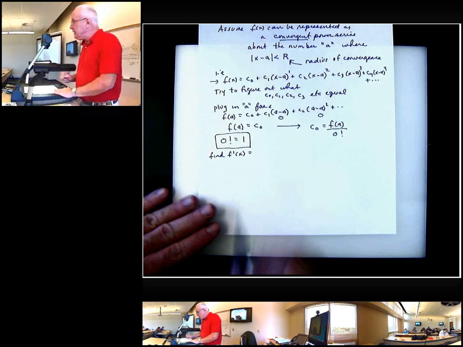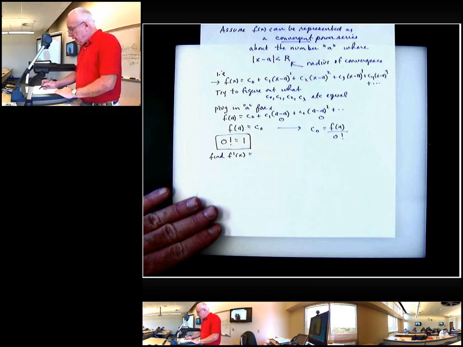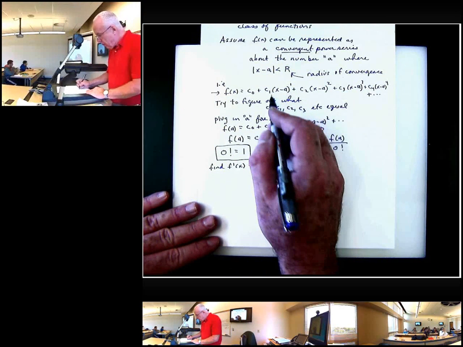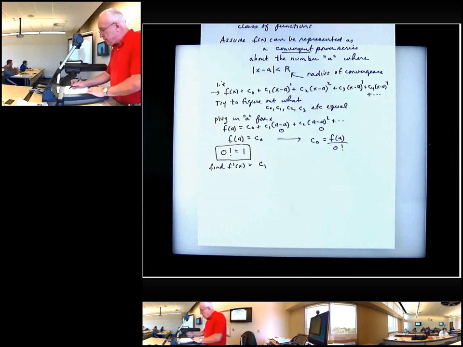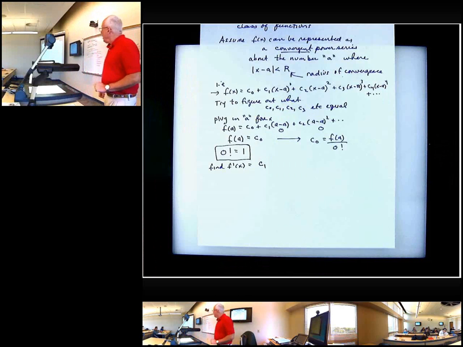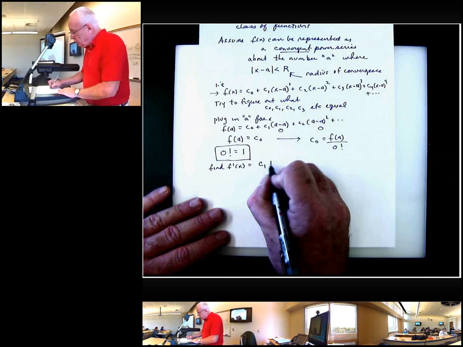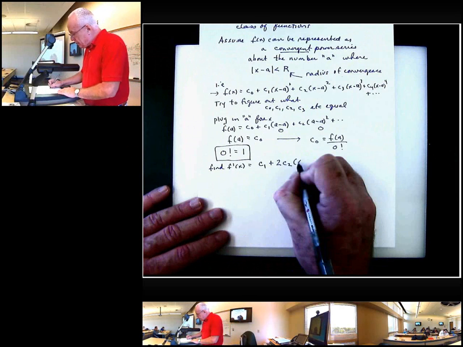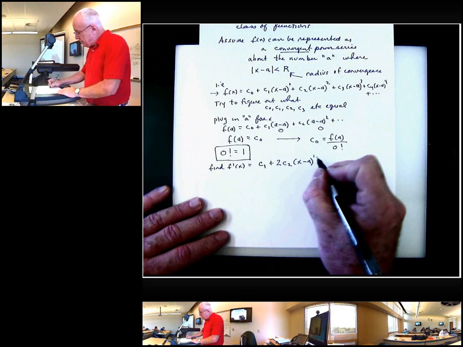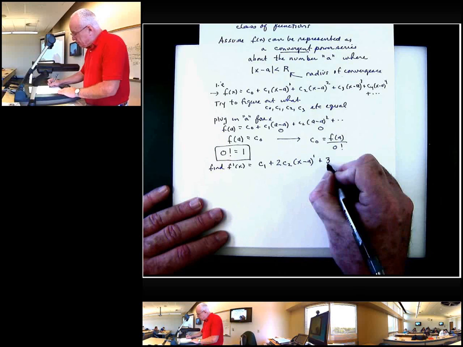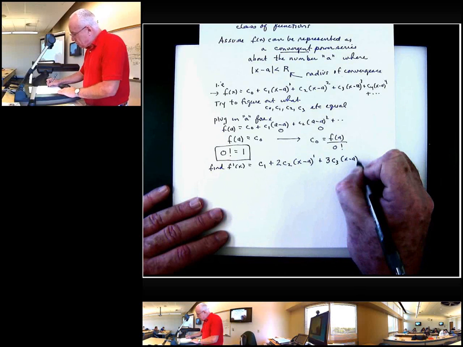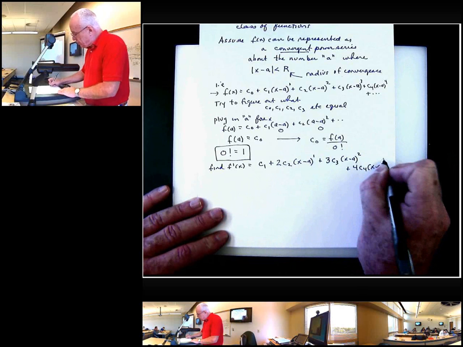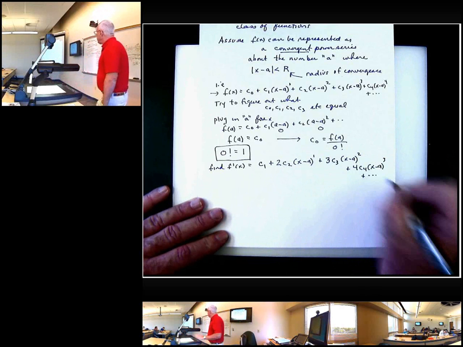When we do that, the c naught goes to 0, and what I have over here then is c1, because that exponent goes to 0, and then I have plus 2 times c2 times x minus a to the first power, as I bring my exponents down, and then plus 3 times c3 times x minus a squared, plus 4 times c4 times x minus a to the third power, and I continue out like that.